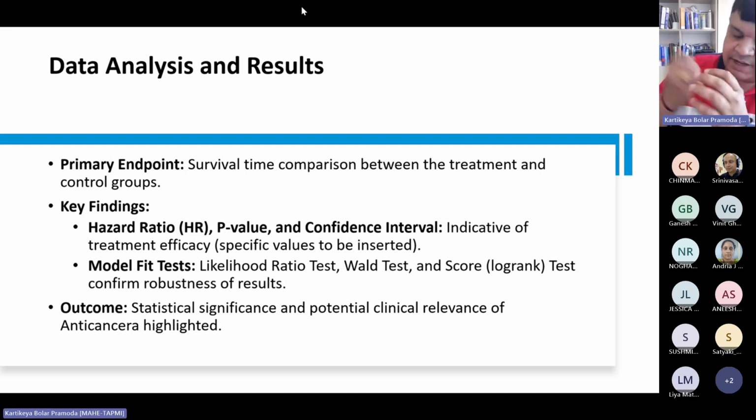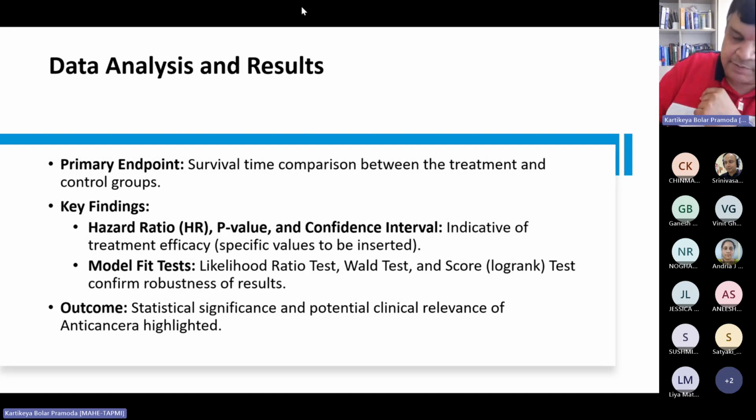Okay, so survival time. Now in this longitudinal study, there would be a period in which this study would be based, say for 6 months, depending upon the intricacies of the treatment. Like here, it possibly would be around 5 to 6 months.